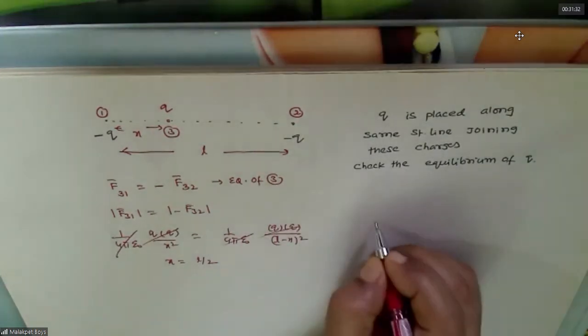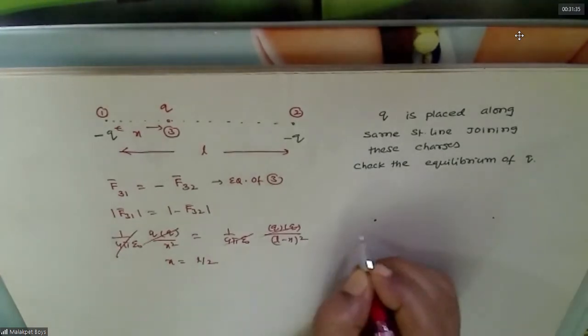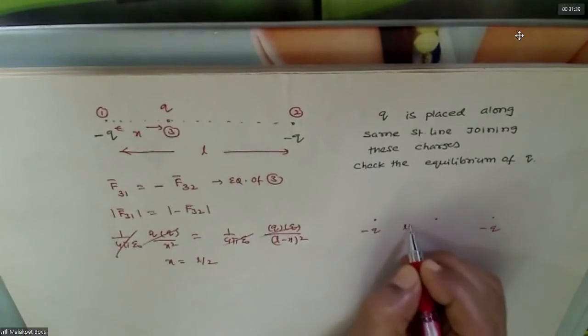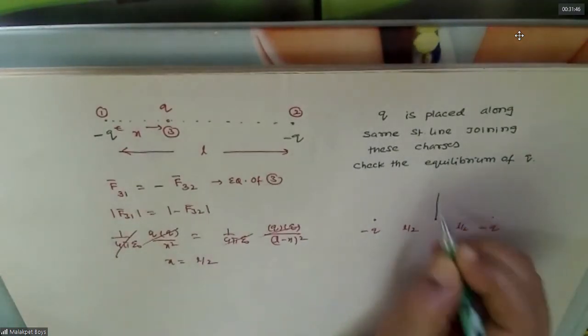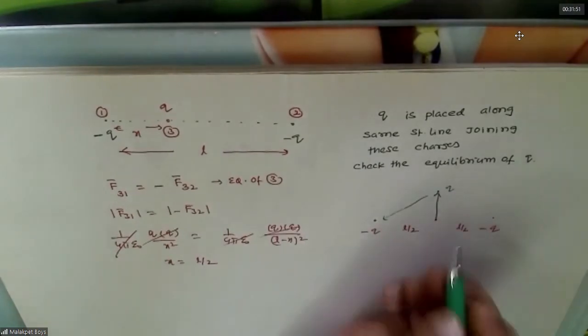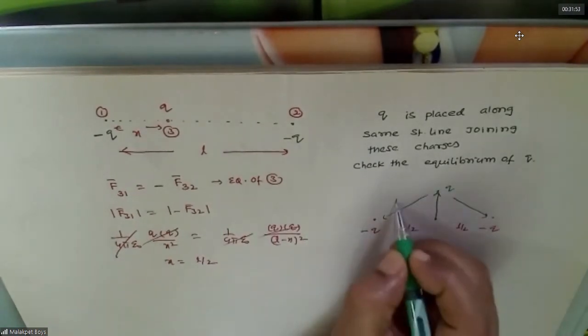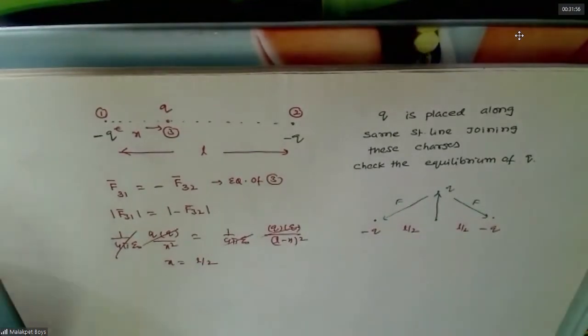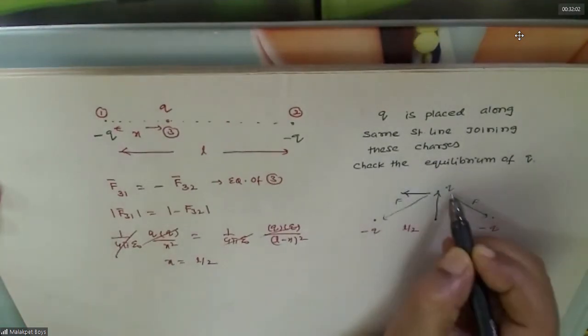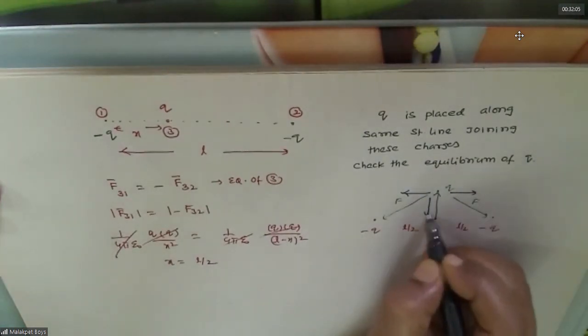Now if this q is displaced like this, this is a positive charge, there will be a force like this. Do you agree with this? Due to this, if you resolve, these two components will get nullified, and you will be left with this one.